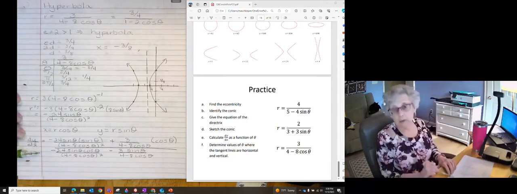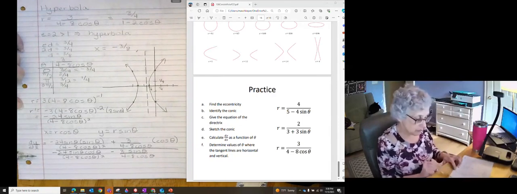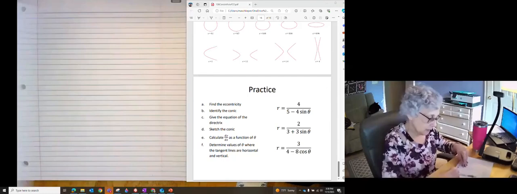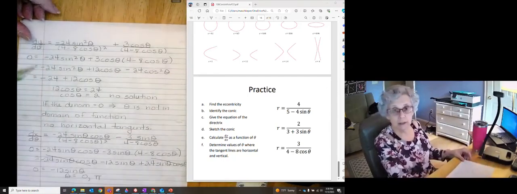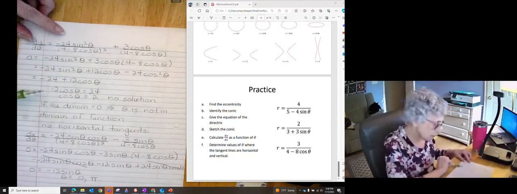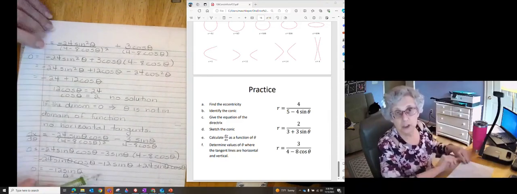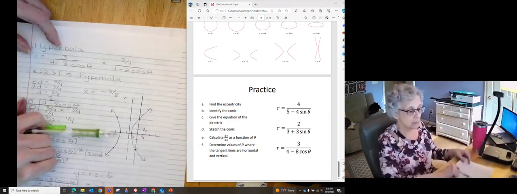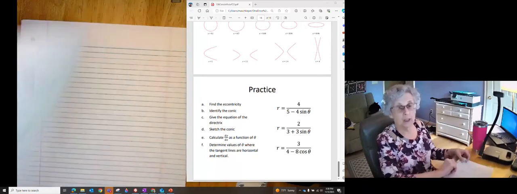Then I went through all of the calculus to find the derivative. Set the numerator equal to 0. And I ended up with cosine of theta equals 2, which has no solution, which makes sense because there are no horizontal tangents.